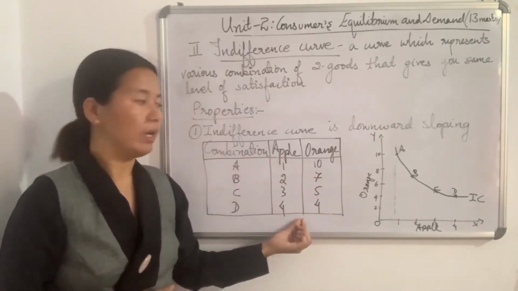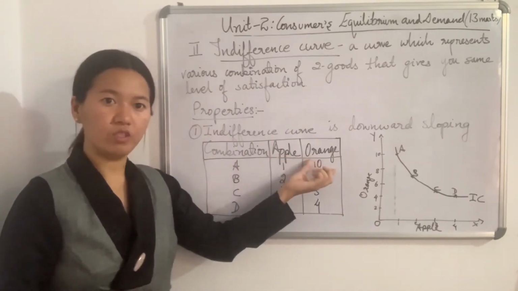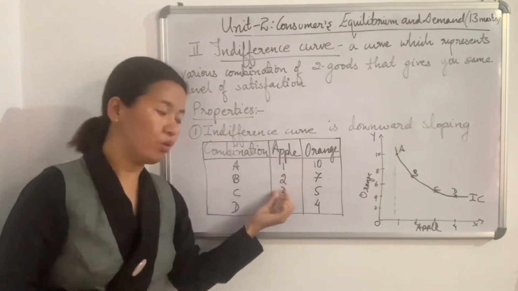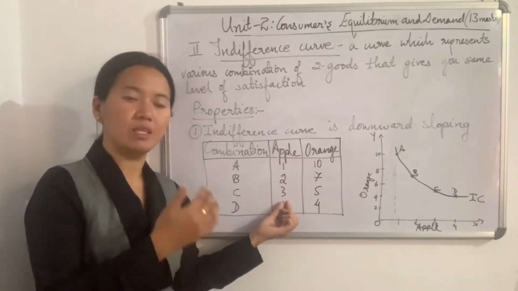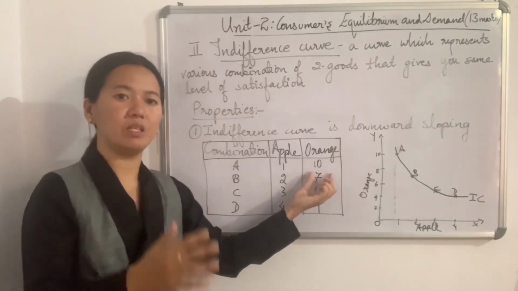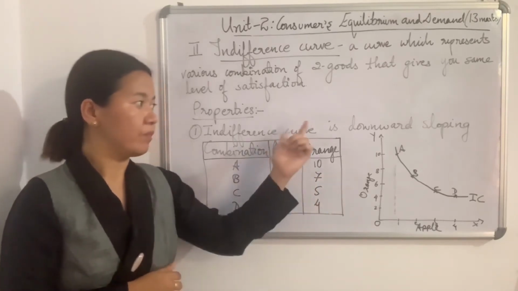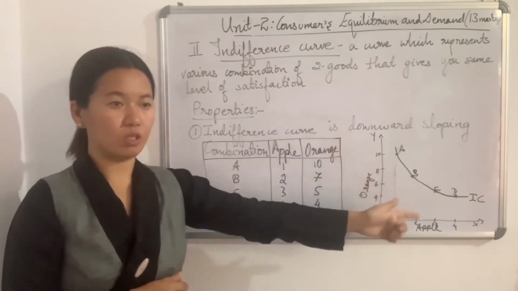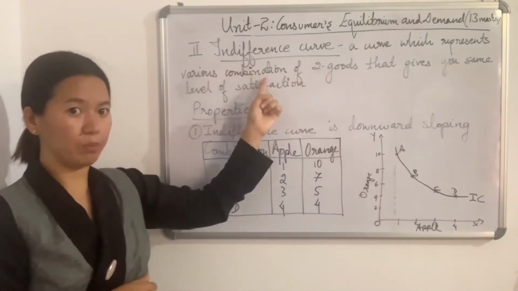Let's take an example of apple and orange. The consumer consumes more units of apple, it gives him more satisfaction. Therefore, his satisfaction level for orange has to decline, which means that he has to consume less of oranges. Therefore, the indifference curve is downward sloping. Now, from the definition, it says that it represents various combinations.